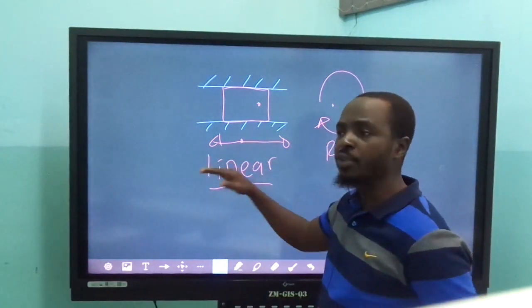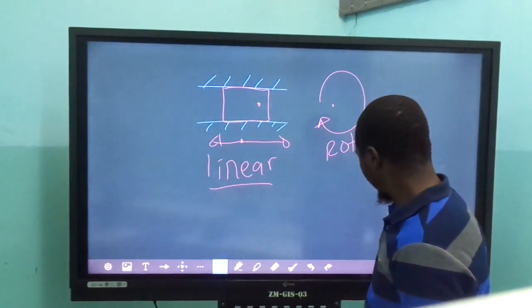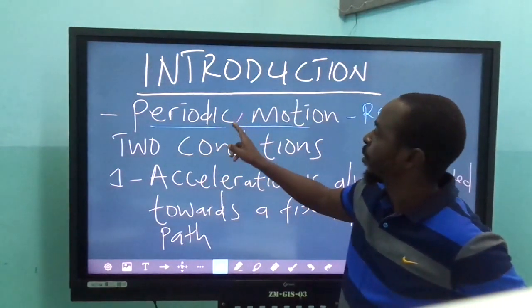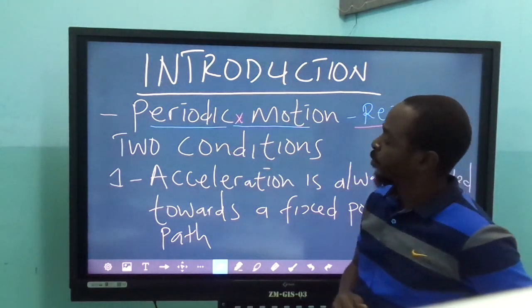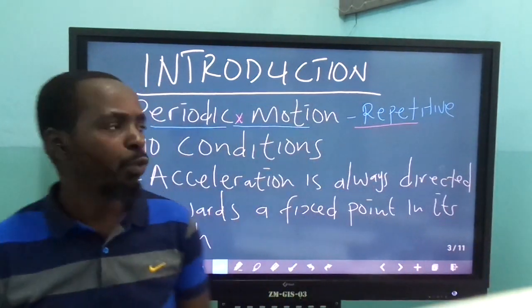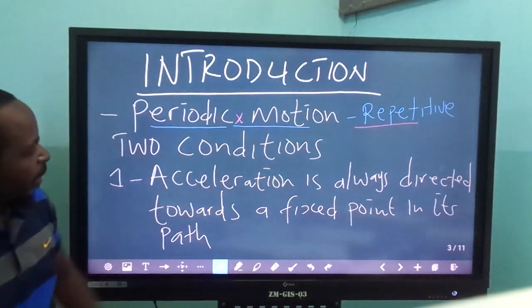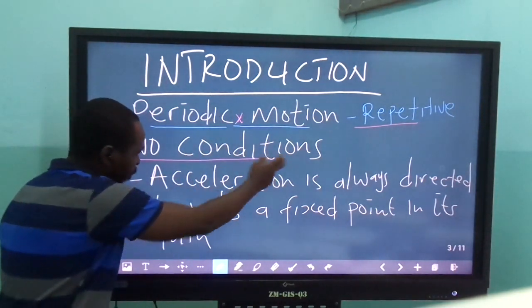It is always repeating the path with time. Now, we've got so many types of periodic motion that are repetitive, but for a certain motion to qualify as simple harmonic, it must satisfy certain two conditions.